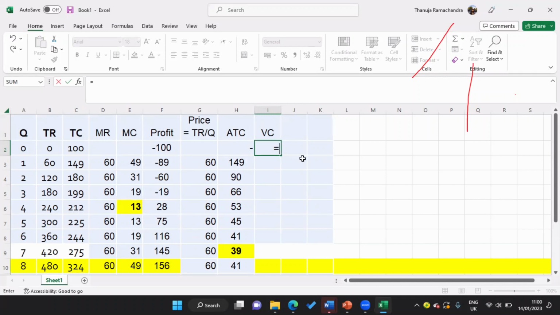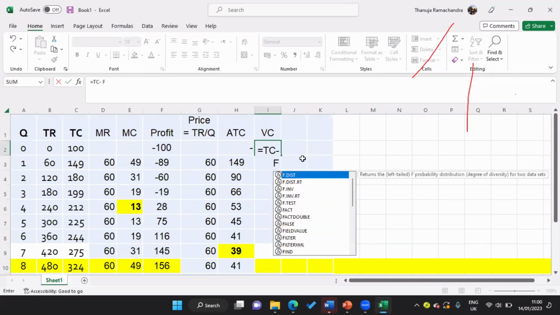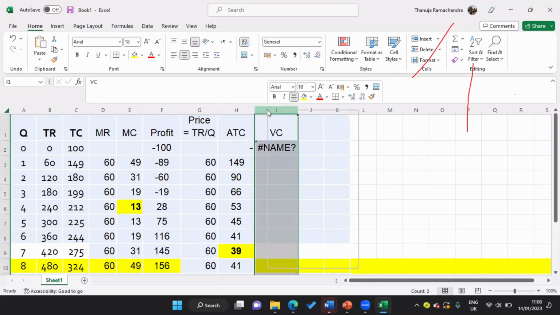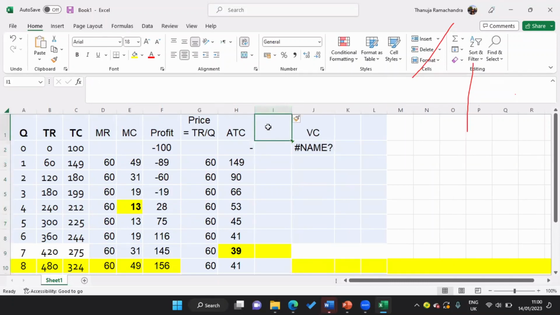How do you calculate the variable cost? Total cost minus fixed cost, isn't it? How much is the fixed cost? 100, right? Because at zero level there is no production but there is a cost, so obviously that is the fixed cost.